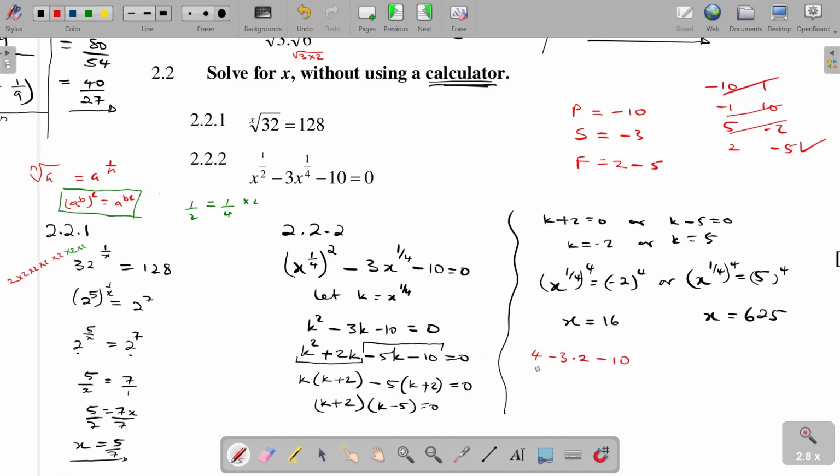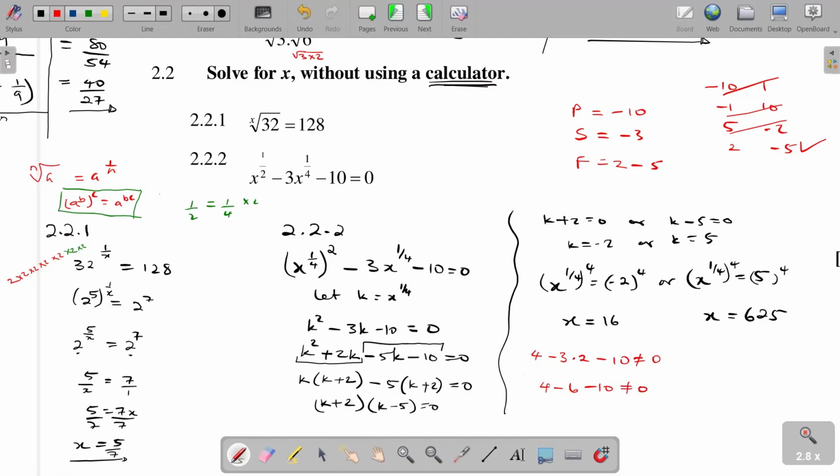So 4 minus 6, we are getting a negative 2 minus 10. This is not equal to 0.